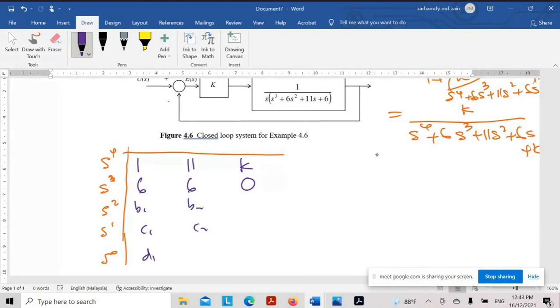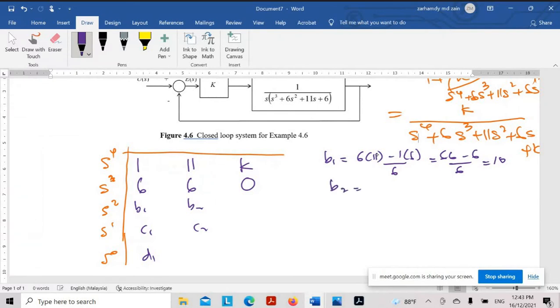So we calculate one by one. B1 is easy. 6 multiplied by 11 minus 1 multiplied by 6, over 6. So we have 66 minus 6 over 6, which is 10. This is B1.